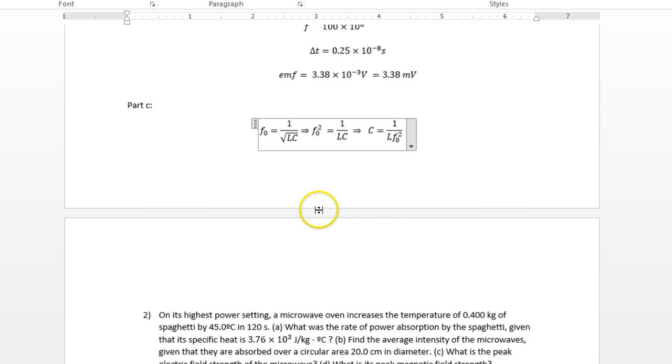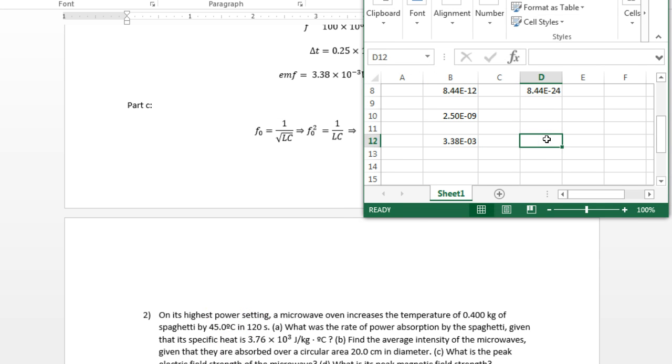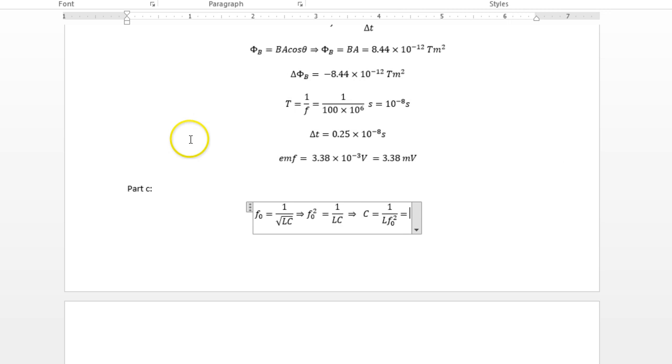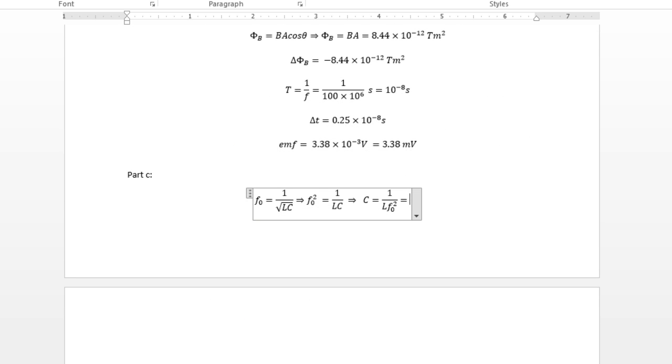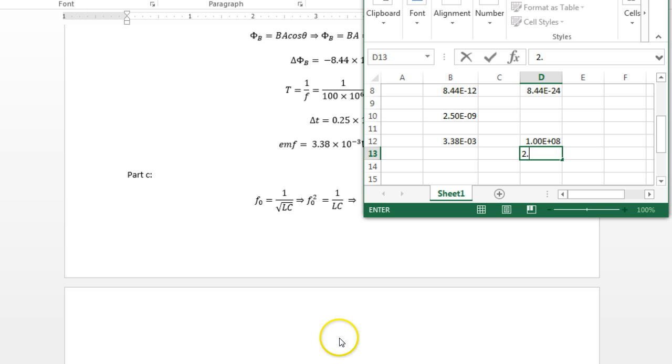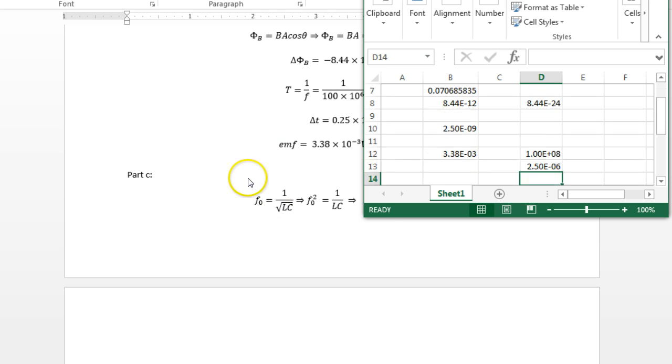All right, and that's going to be, we have 1e to the 8th is our frequency. We have our 2.5 e minus 6 henries. Sorry, microhenries.